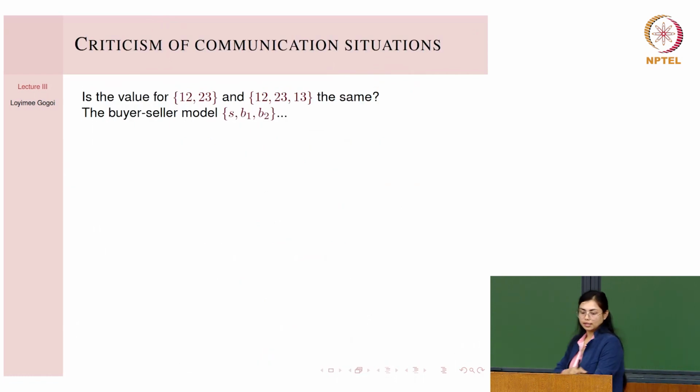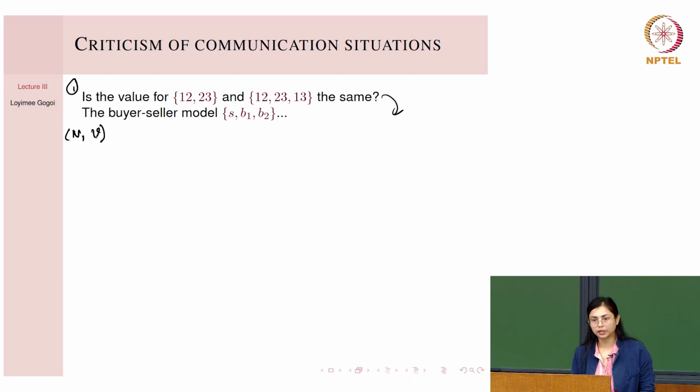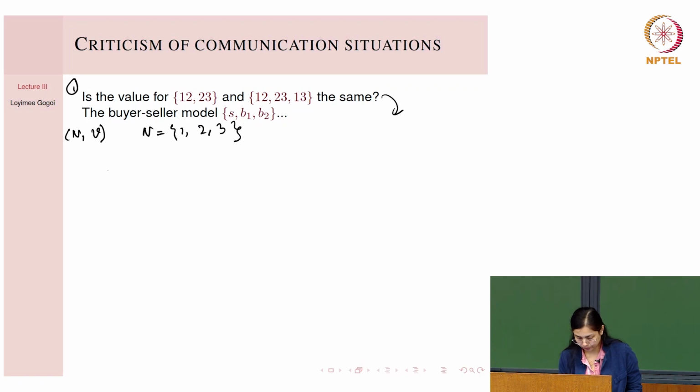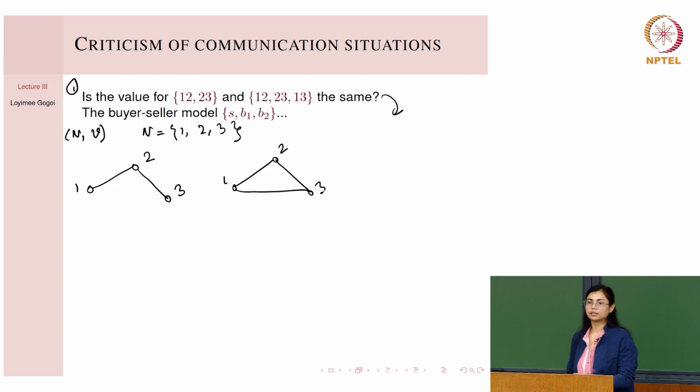So what are the criticisms of the communication situation? The first criticism was that whenever we consider a network structure, say if I have a game V and consider the network structure, N is the 3-player game, we have two different network structures.